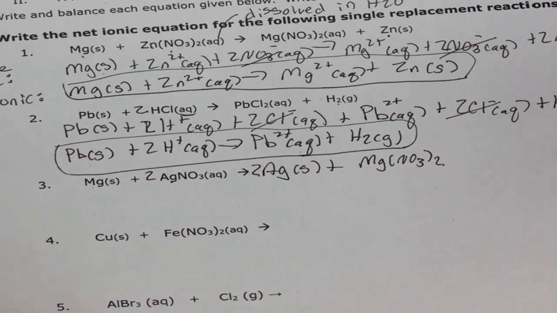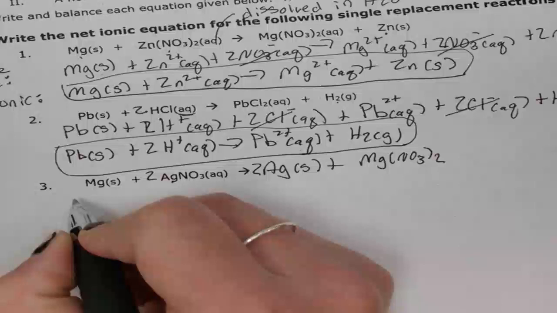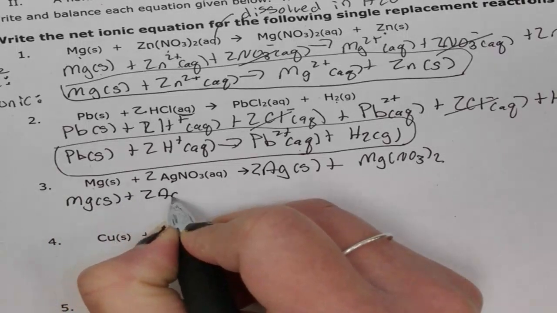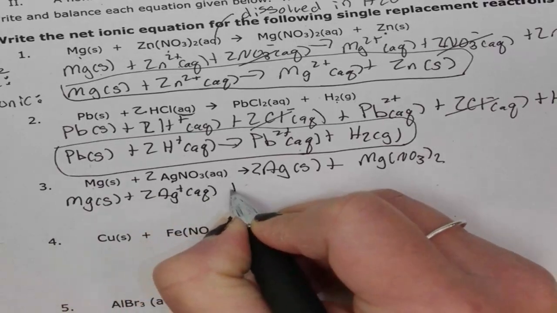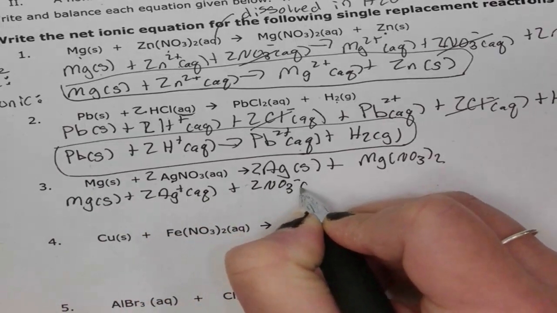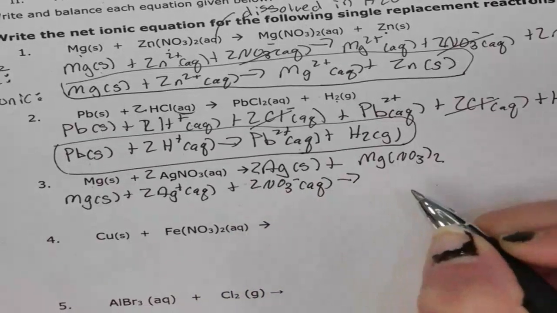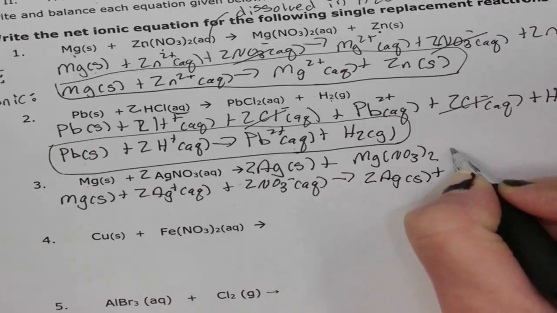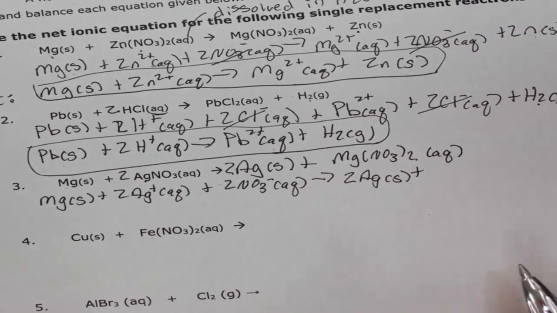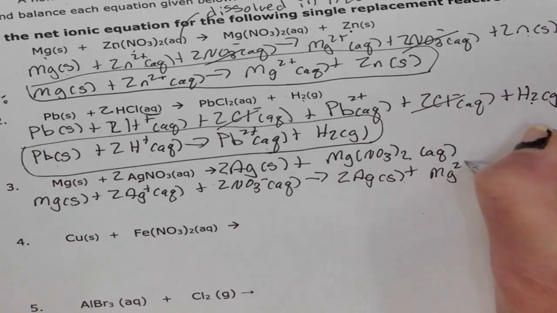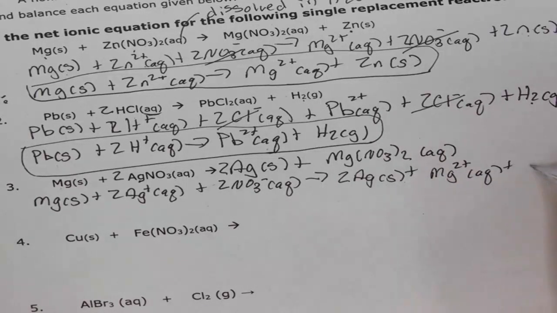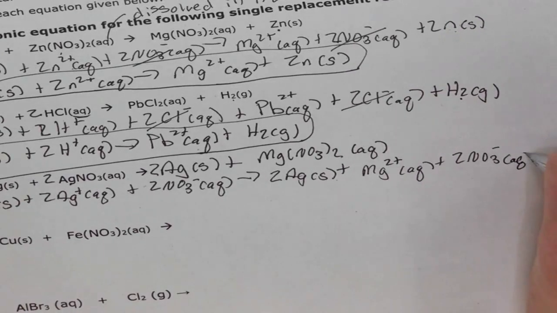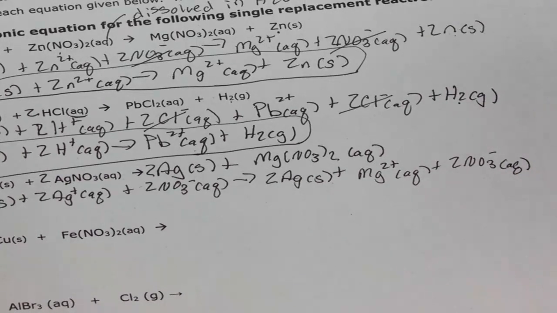And then we're going to move to our ionic equations. Here's my solid. I'm going to break apart my aqueous into their ions, because that's what aqueous means, ions, dissolved in water to form ions. My silver is a solid, and this is going to be aqueous. Here we got magnesium ions and 2 nitrate ions. So what do we have?